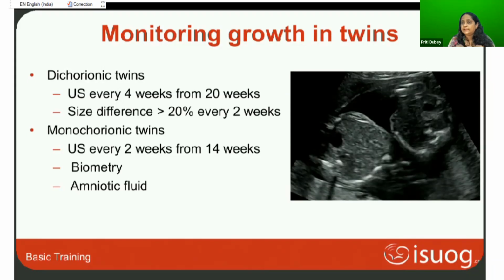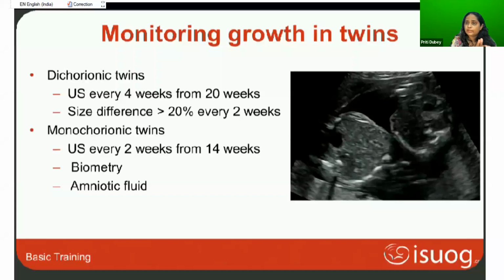If there is a CRL difference of more than 2 weeks in the first trimester itself, then we need to see those babies at 16 weeks, then at 20 weeks, and thereafter every 2 weeks.